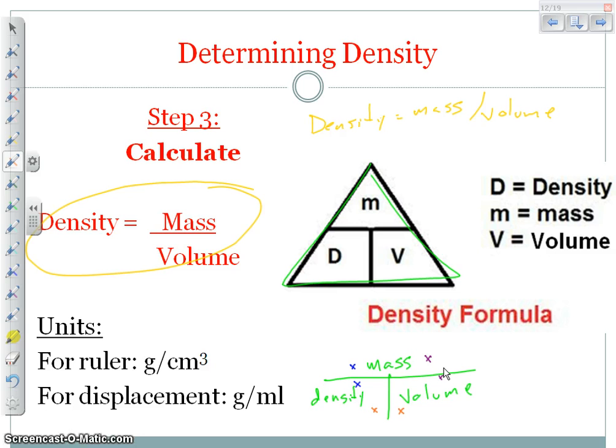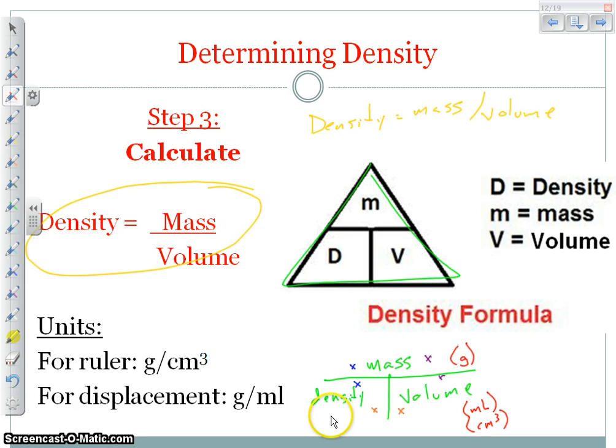It basically shows you what you need to do mathematically to solve for the single unknown. And when we get into this a little more, we should remember our units for mass are grams. Our volume is going to be in either milliliters if we're using displacement, or centimeters cubed if we're using a ruler.